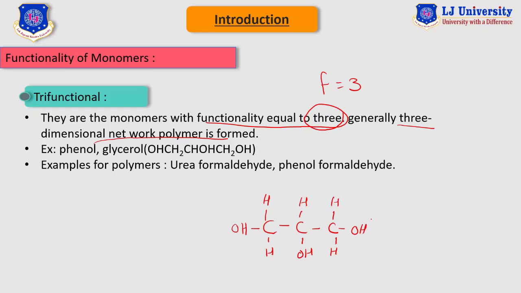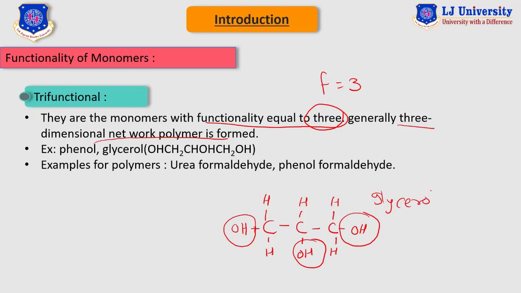Now you can see on the screen this particular molecule can react in three directions. This OH functional group can react with one more monomer. Meanwhile, this OH group can also react with one more monomer, and lastly this OH group can also react with one more monomer. So likewise, we have a trifunctional monomer, and the example for this is glycerol, right?